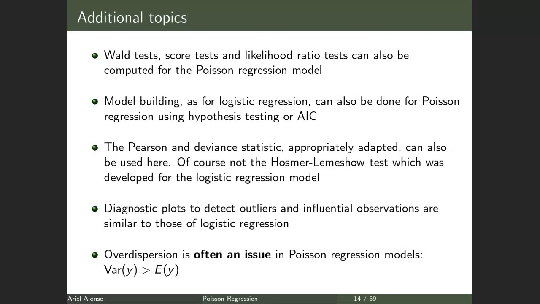But all the discussion we had already about model selection and model construction can, of course, be extended to Poisson regression as well. Now, model checking, the same thing. Everything we saw, you can use again here: the deviance residuals, the Pearson residuals, appropriately adapted, of course, because you have a different distribution, but generically you can use the same thing.